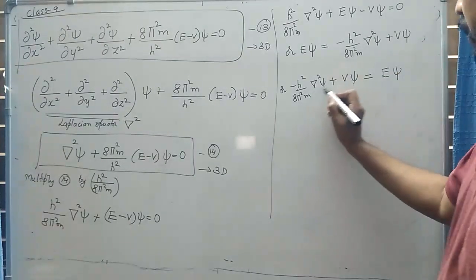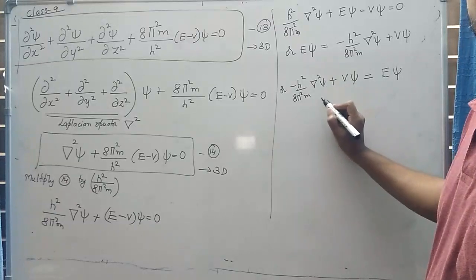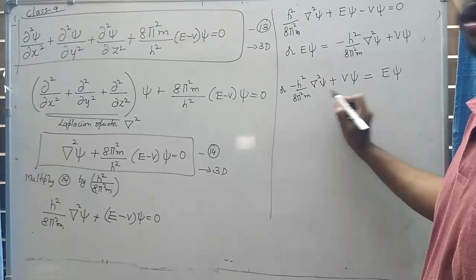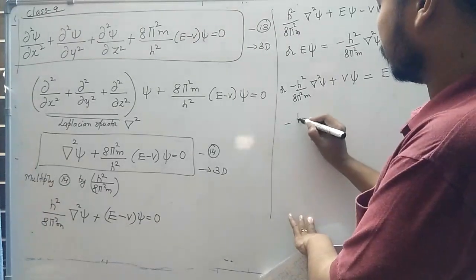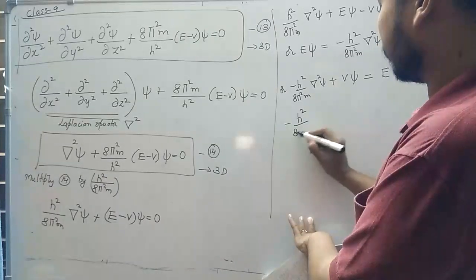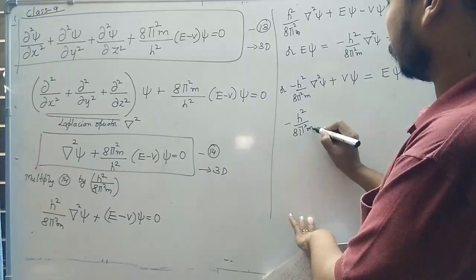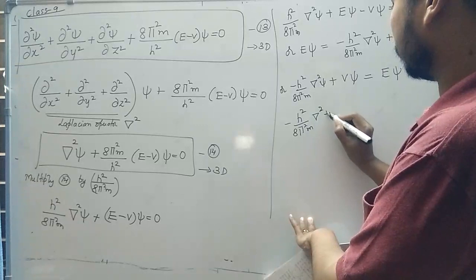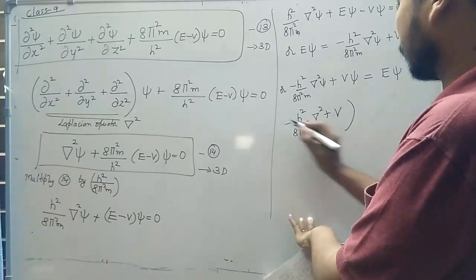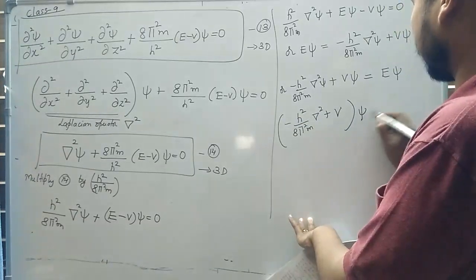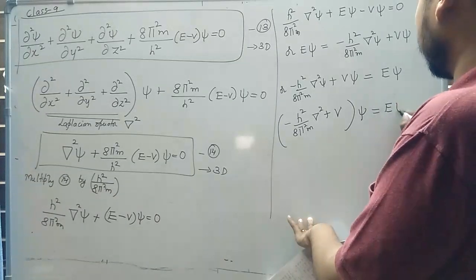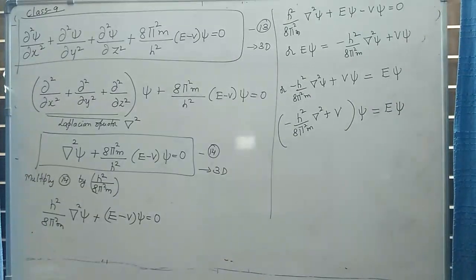Now here again we can remove psi as a common factor and write minus h square divided by 8 pi square m into del square plus V, of psi, is equal to E into psi.